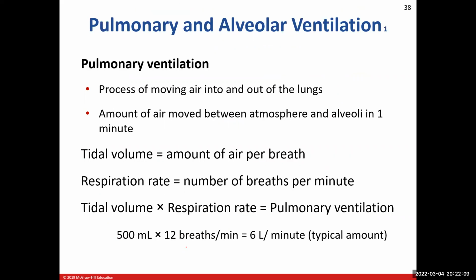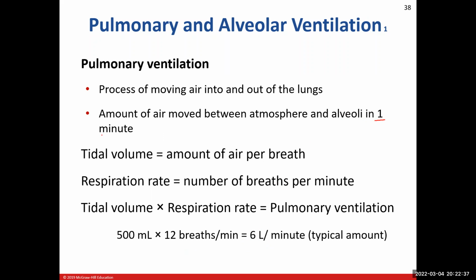All right, so pulmonary ventilation. We were talking about this in our last video, and this is us discussing how air is moving into and out of the lungs, specifically into and out of the alveoli. So when we're talking about pulmonary ventilation, we're going to look at how much air is moved from the room that you're sitting in into your alveoli over a period of time.